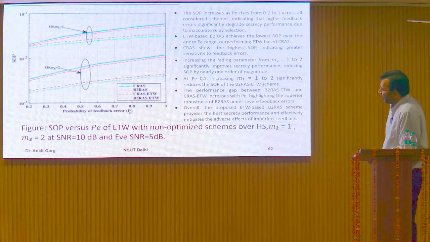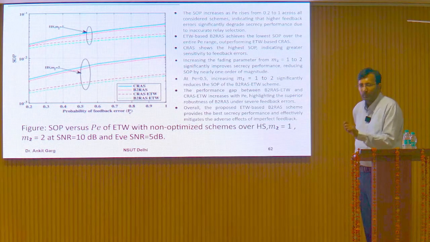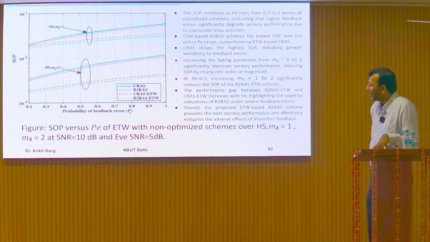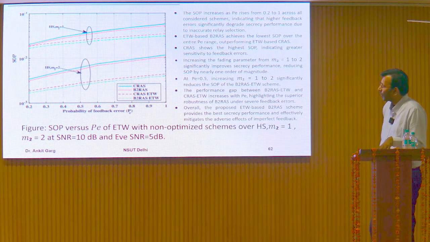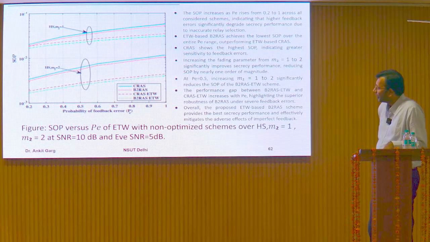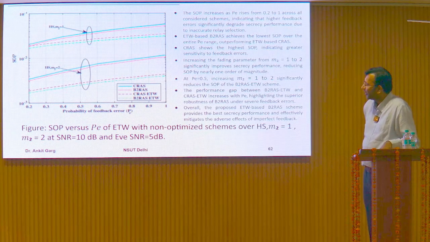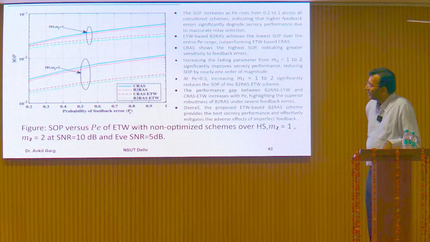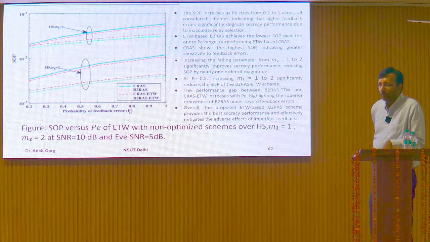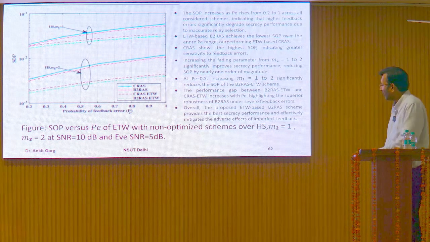Okay. So SOP versus PE. As I've told you, PC represents the probability of correct detection of the feedback bit at the transmitter, and PE represents the probability of feedback error, right? So as the probability of feedback error increases, outage probability also increases, right?